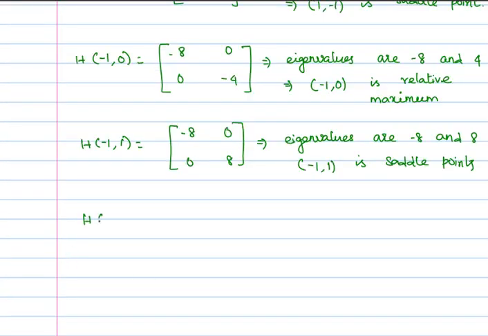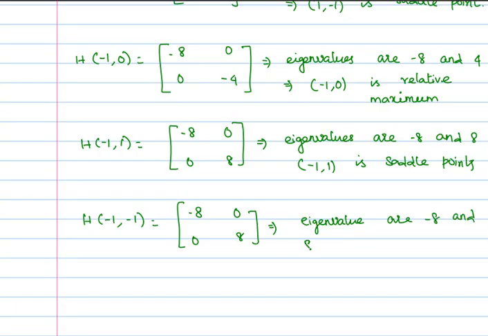H of minus 1 comma minus 1. So first row is minus 8, 0. Second row is 0 and 8. So the same thing. Eigenvalues are minus 8 and plus 8. Then minus 1 comma minus 1 is a saddle point.